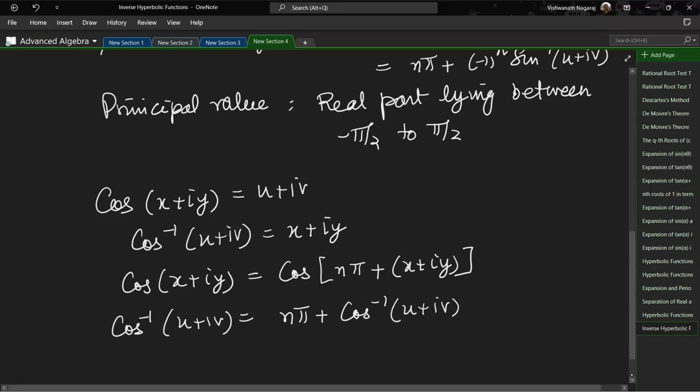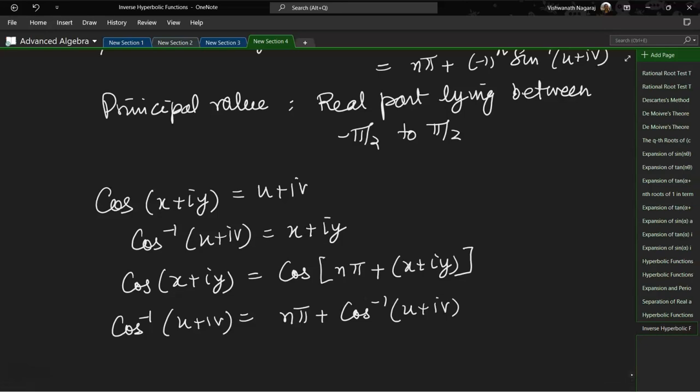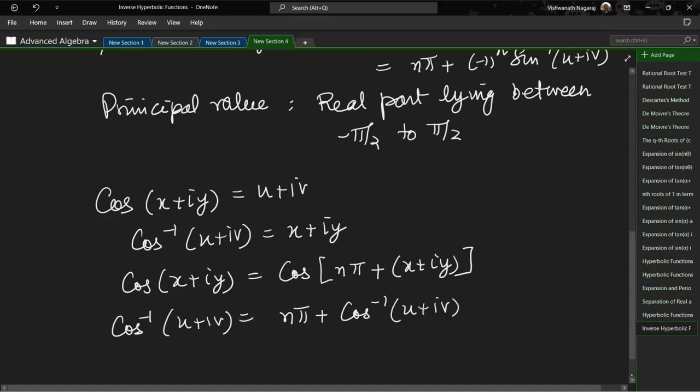Looks confusing. You have to focus on it a little bit and try to understand.